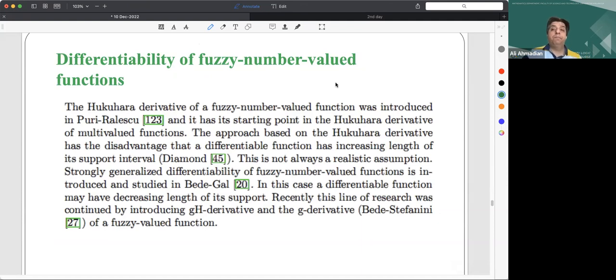We already talked about fuzzy difference. Fuzzy difference is based on the fuzzy Hukuhara difference, the fuzzy generalized Hukuhara difference, and the fuzzy generalized difference. The three common ones.